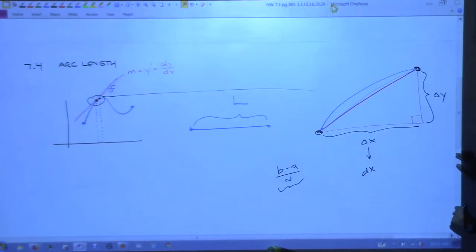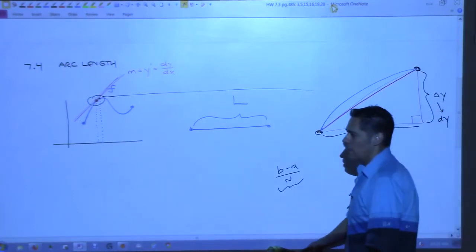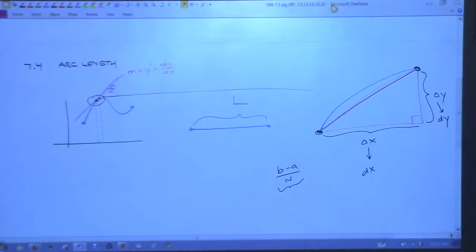And this side right here, same thing. This starts to shrink, this becomes dy, in the infinitesimal, as you take a limit and let the number of these cuts go to infinity. You buying this? Are you buying it or no? Trying. Okay, you try your best to understand it.